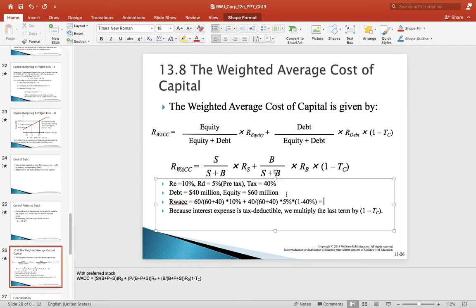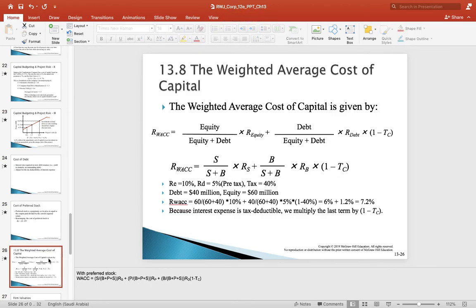This is equal to 6%, plus 1.2%, is equal to 7.2%. This is the way we calculate the WACC.